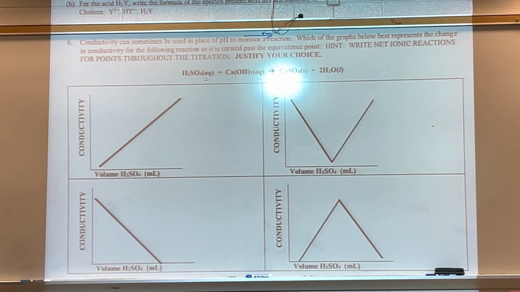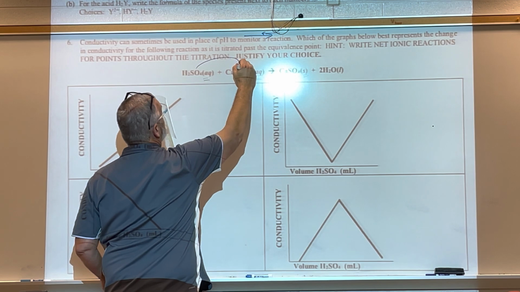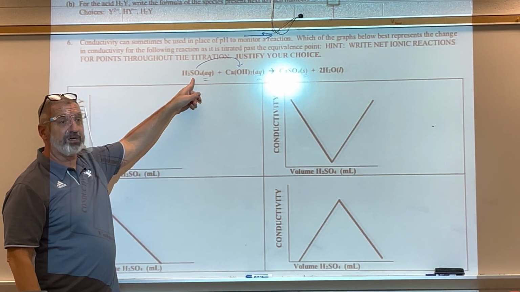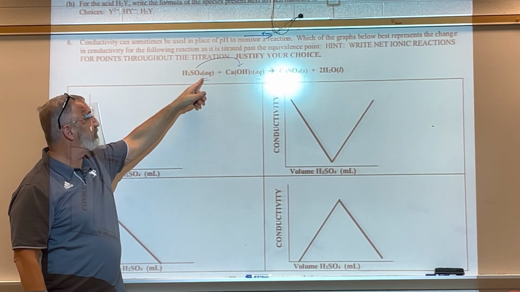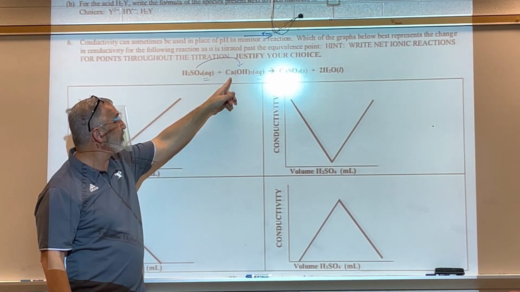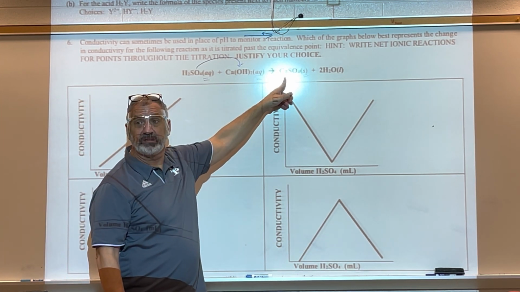So what's going to happen to the number of ions in solution as we begin reacting? For every one of these that I put in, it's going to react with that, right? So adding H2SO4 is not going to be increasing the ion concentration, because every one you add reacts with this and makes a solid.